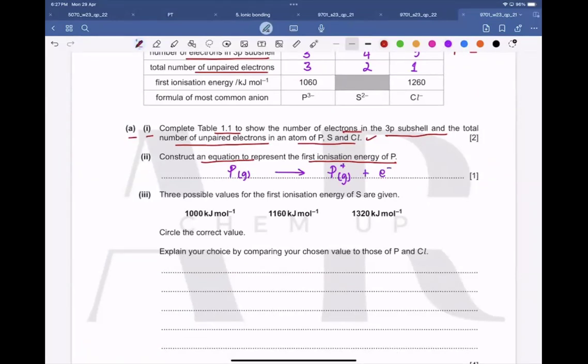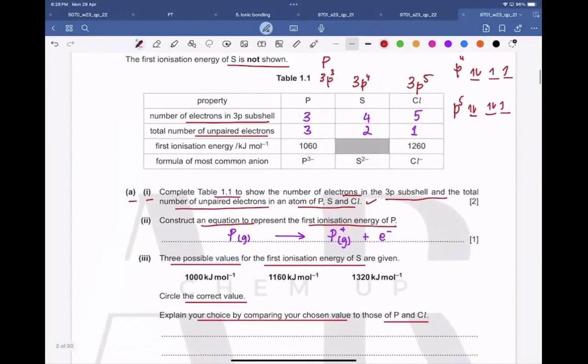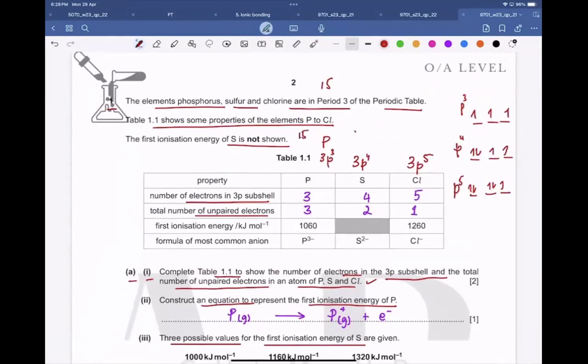Okay. Now, 3 possible values for the first ionization energy of sulfur are given. Circle the correct value. Explain your choice by comparing your chosen value to those of phosphorus and chlorine. If you recall, it's group 15, group 16, and group 17. From group 15 to group 16, there is a decrease in the ionization energy because of having a pair of electrons, which causes spin pair repulsion.